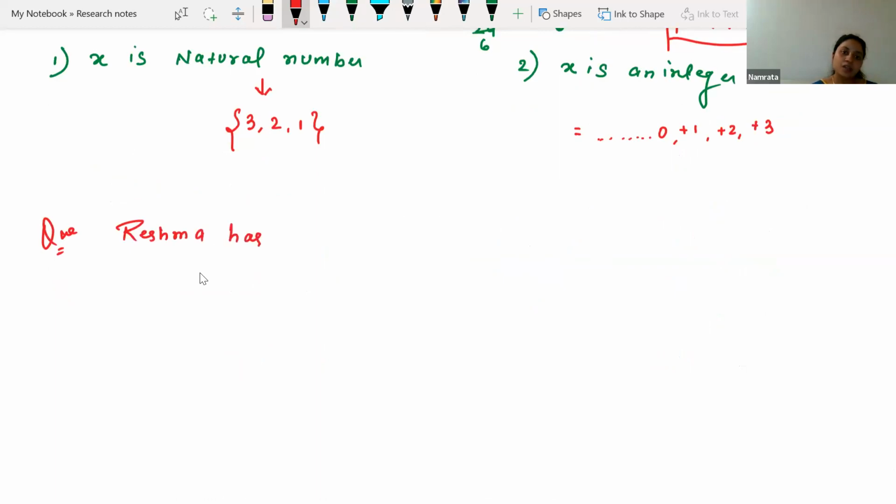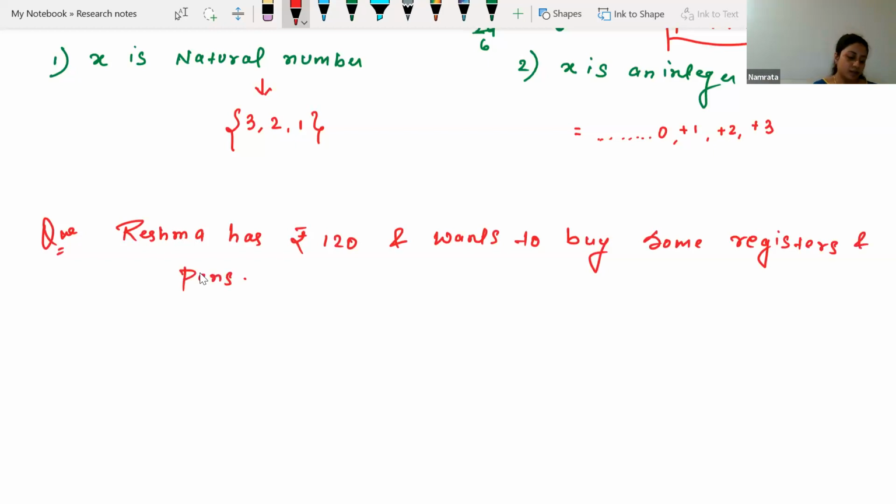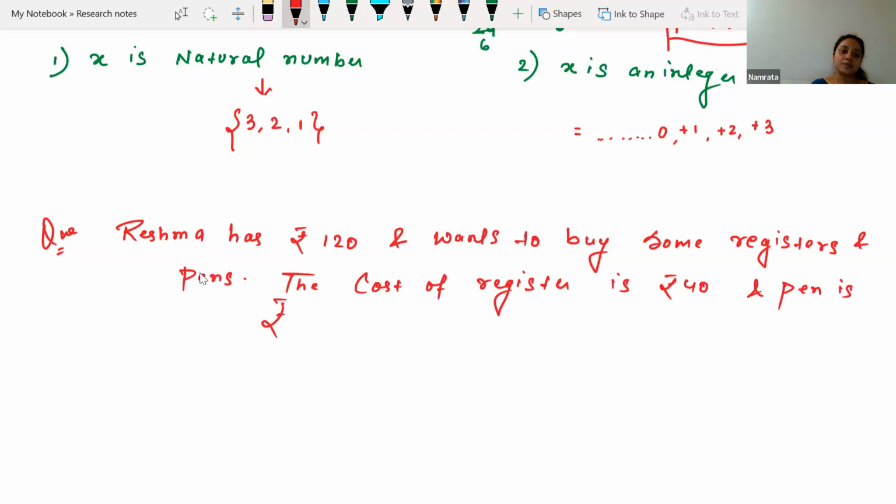Reshma has rupees 120 and wants to buy some registers and pens. The cost of a register is rupees 40 and a pen is rupees 20.